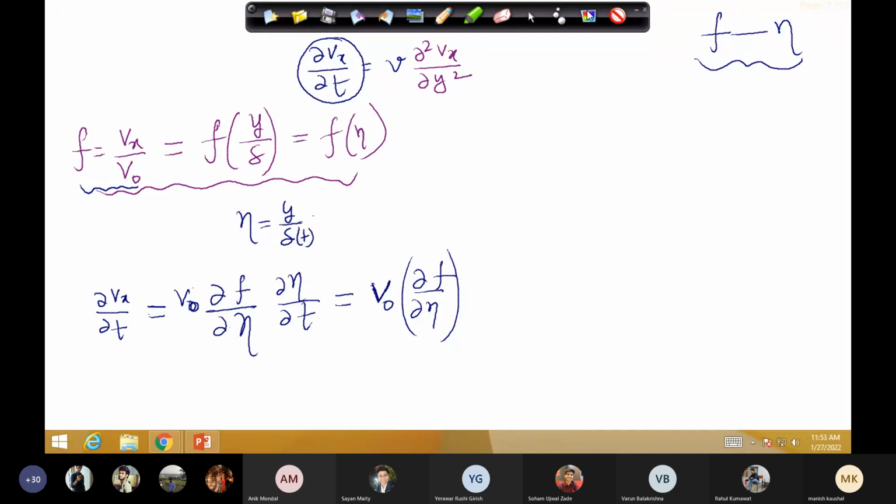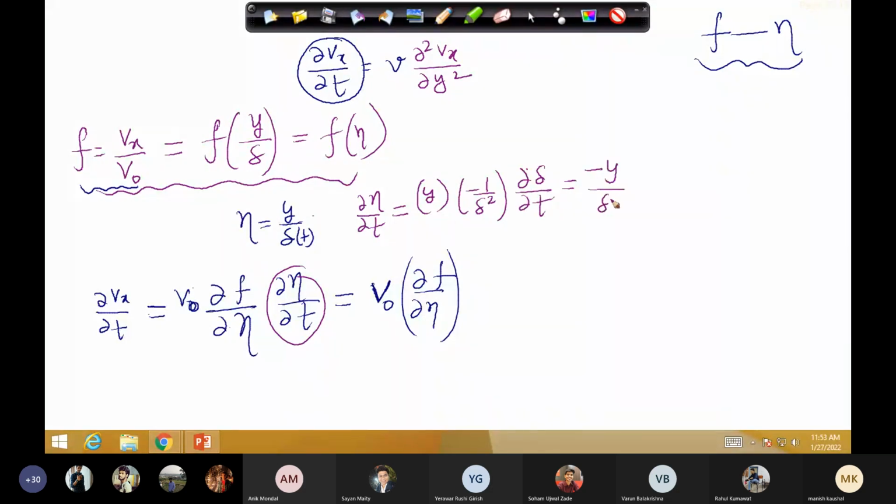So let's find the partial derivative. y will be treated as a constant. This will be minus 1 by delta square and dou delta by dou t, which is nothing but y into minus delta square, delta dash.